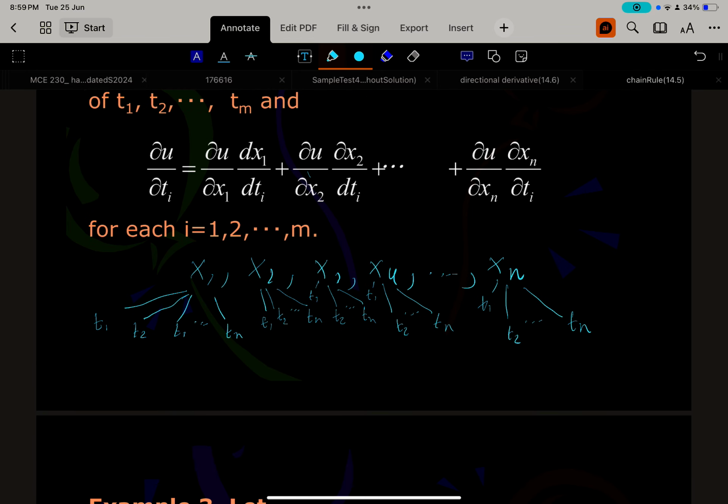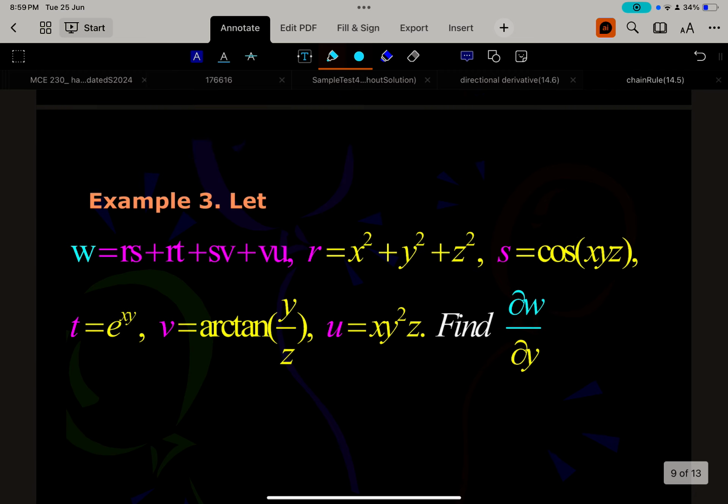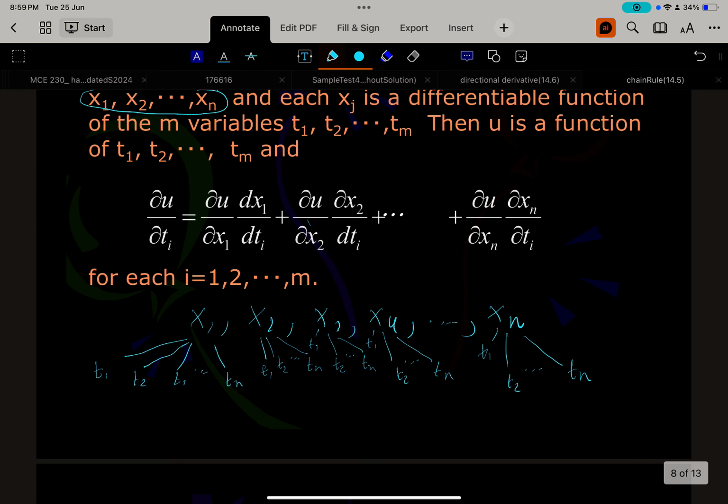Having a bit of technical issues here. Okay, so now to find the partial derivative, we have the partial derivative of u with respect to ti: partial derivative of u with respect to x1, times x1 with respect to ti, then u with respect to x2, x3.